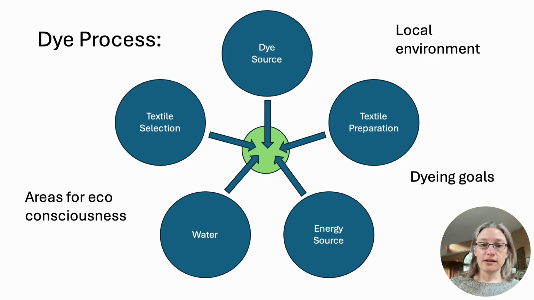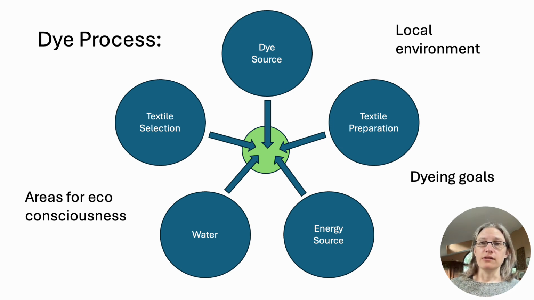And so things that we'll take into consideration is the local environment. What does that look like for you? It's going to be different for everybody. Different areas, like I mentioned, that we can be eco-conscious or eco-friendly. And then also what our dyeing goals are. If we're doing small batch dyeing for ourselves, for our friends, our family, that's going to look a lot different than if we're trying to do more production dyeing for sale or for even larger types of things.